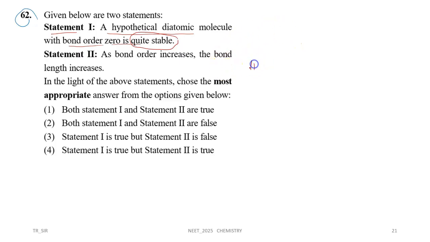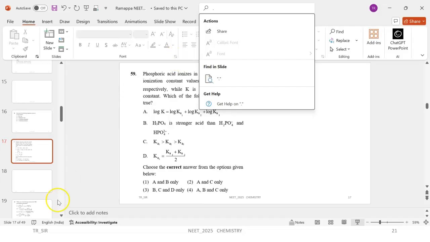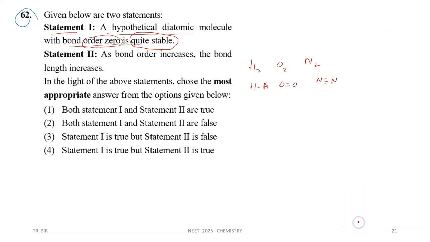Take H2, O2, N2 molecules: in all of them at least one bond is present. Bond order zero represents that there is no bond. If there is no bond, how does the molecule exist? Even if it exists, it is not stable. So the first statement is completely wrong.